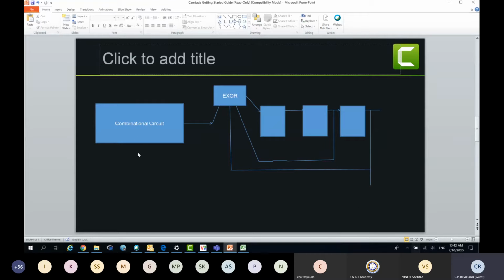Let us assume that this combinational circuit is, let us say, the majority vote. Remember, I told you about the majority voter yesterday. It takes 3 inputs. Let us say it's a 3-to-1 majority voter.